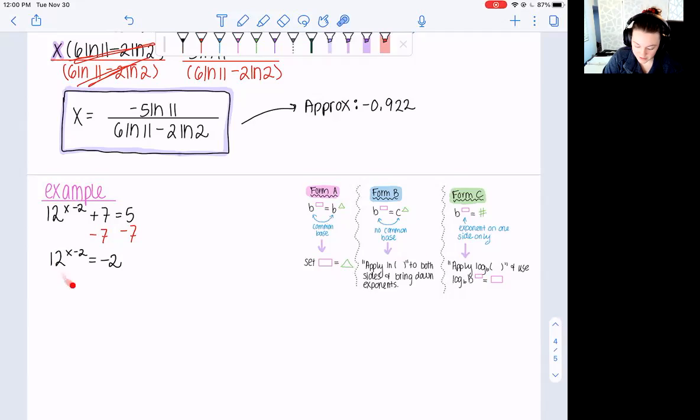Okay. These do not have the same base. They're not in the same base family. We don't have exponents on both sides. So this is going to be form C, which means we want to take the log base 12 on both sides.